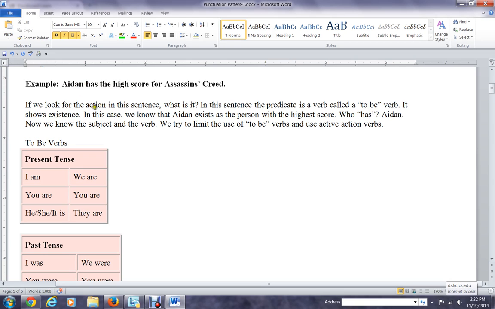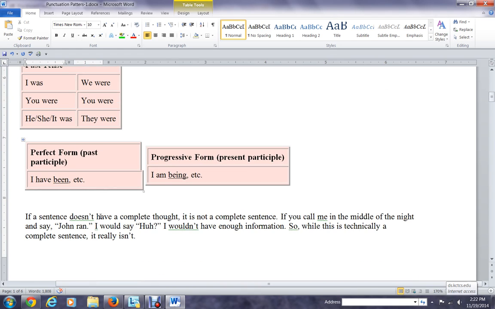If we look for the action in this sentence, what is it? The predicate is a verb called a to be verb. It shows existence. I am, we are, you are, he, she, or it is, they are, I was, I have been, I am being.